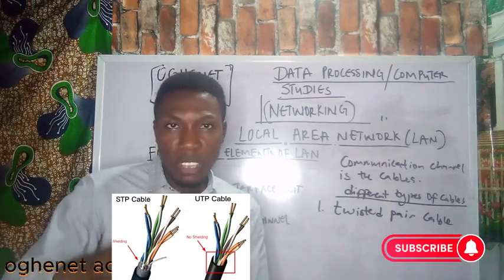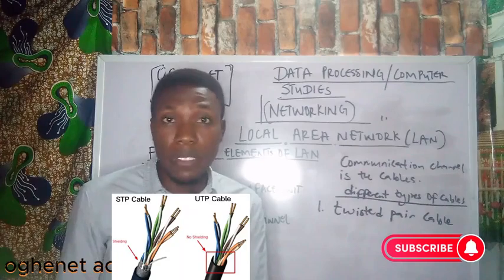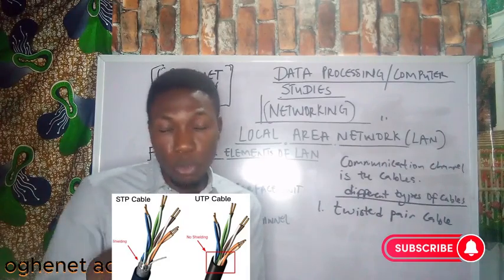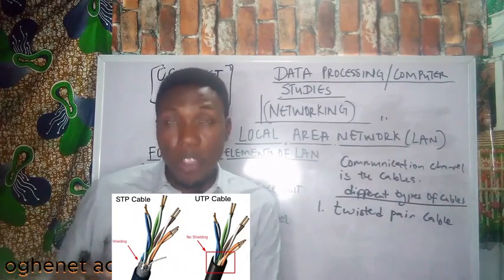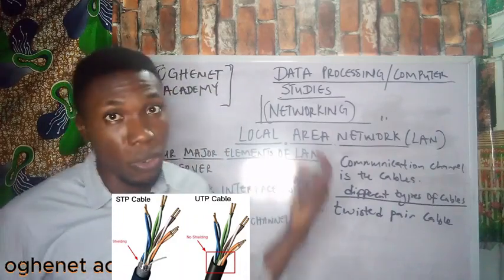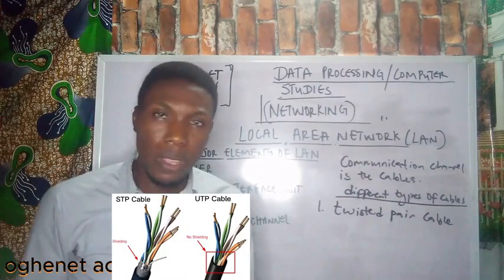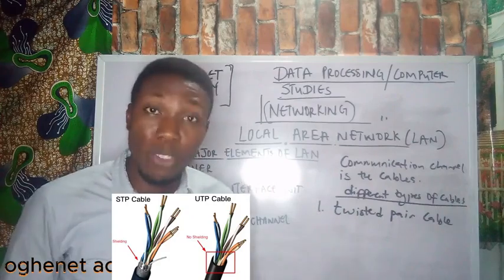They are twisted together. You can have like three pairs in one particular cable. That is two wires twisted together, another pair twisted together, another one twisted together, all to ensure that the signal is transmitted properly.